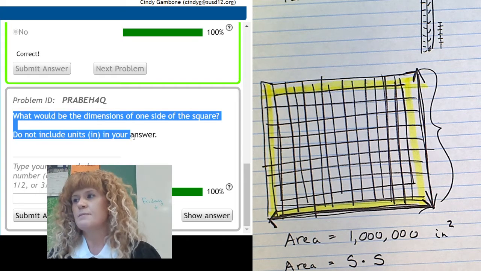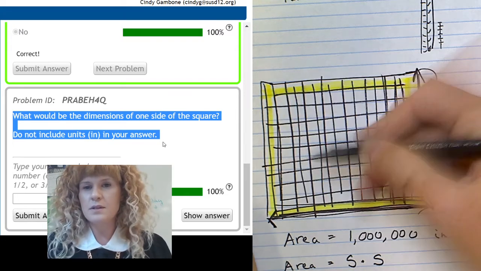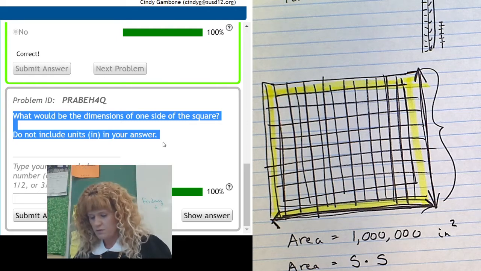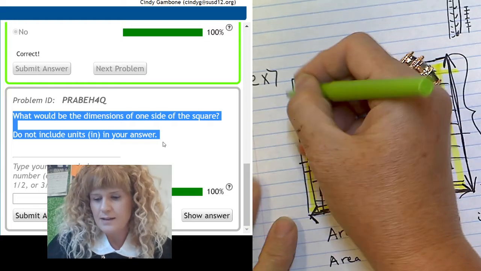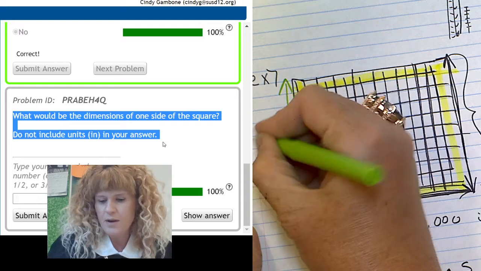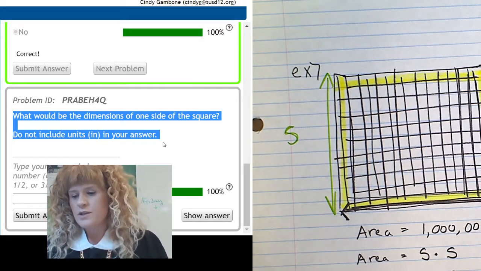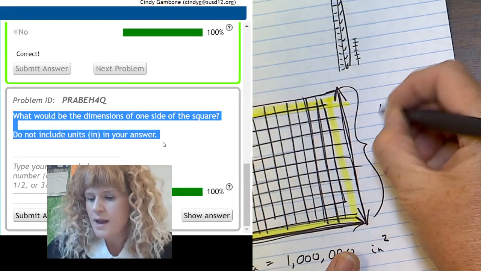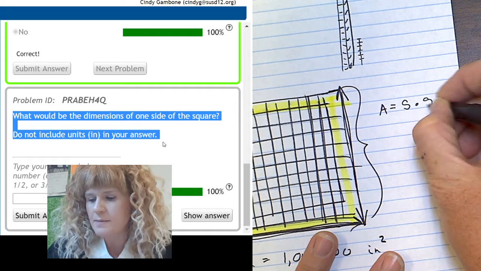What would be the dimensions of one side of the square? Okay, so there's 1 million of these cubes all together, and you need to calculate what are the dimensions of one side? So here I'll draw in green, one side length, and I'm going to call that S. Remember, the area of a square equals the side length times the side length.